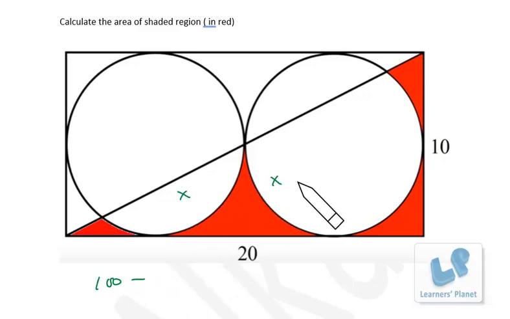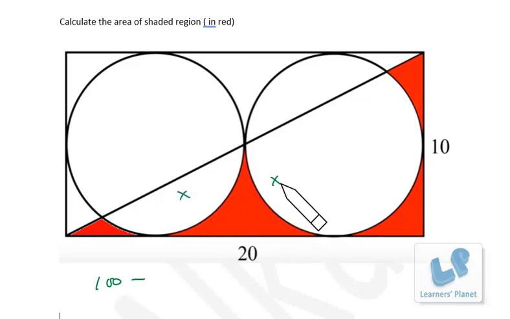Now if you look at the diagram carefully, you will find that this area is nothing but this area, right? Because the diagonal divides the rectangle into two equal parts. So according to symmetry, this area should be equal to this area. That means from the area of this triangle, we have to deduct the area of one full circle, right?